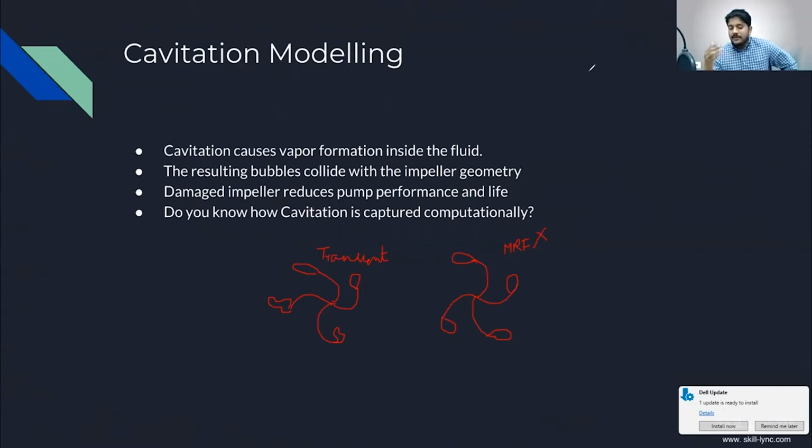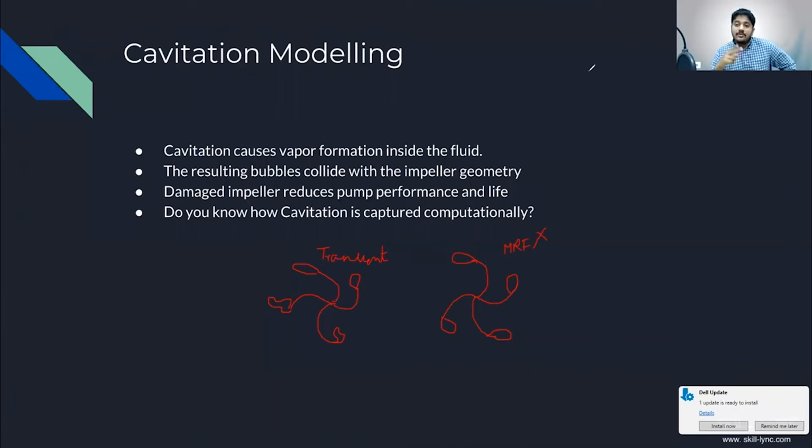How will you know that? Well, I can use some kind of data book and figure out what the vapor pressure is. And I can identify that, okay, in these areas my pressure is lower than vapor pressure, and that is where cavitation would occur. So this is the first level of prediction. But the problem with this approach is you are not able to see the cavitation bubble.